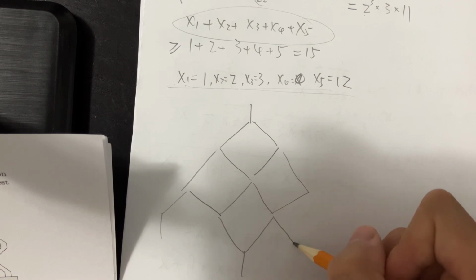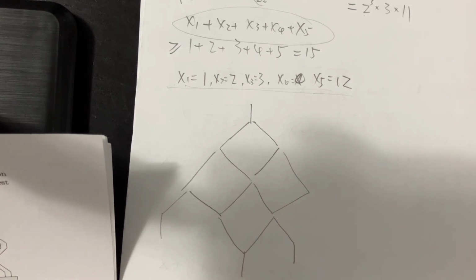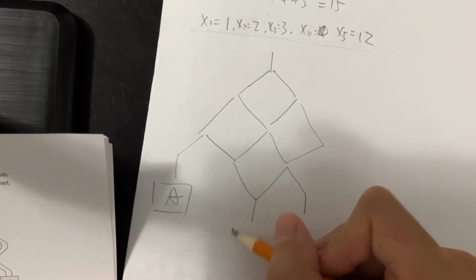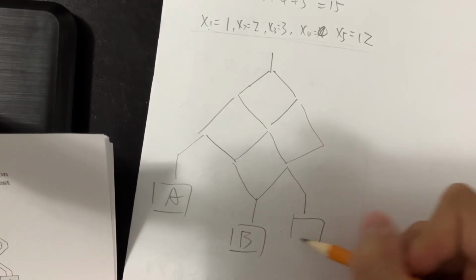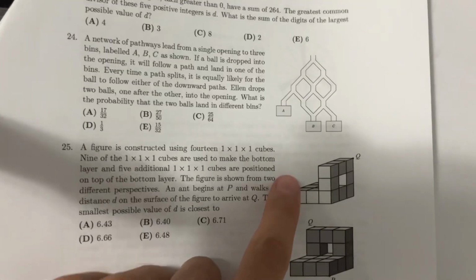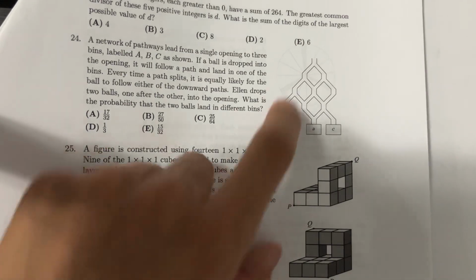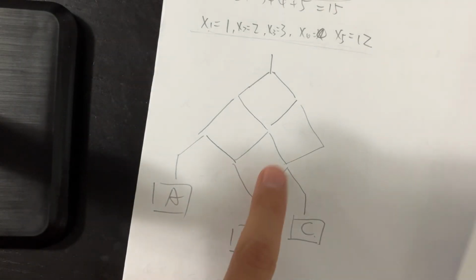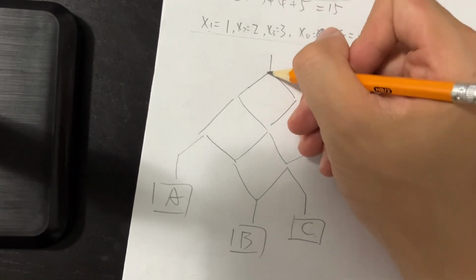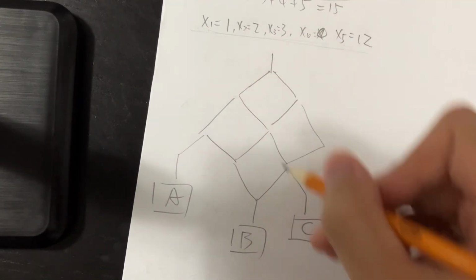Okay, this is just a C. So this is A, this is B and this is C. Okay, that's it. Let's just compare. This is the original, and here is what I have here. Basically the same thing. And let's calculate the probability just node by node.